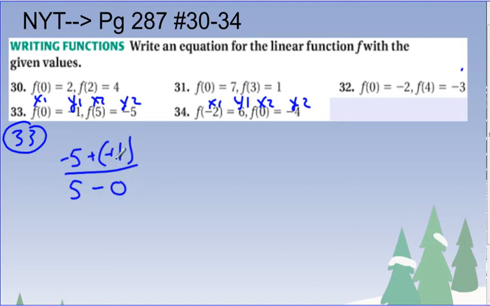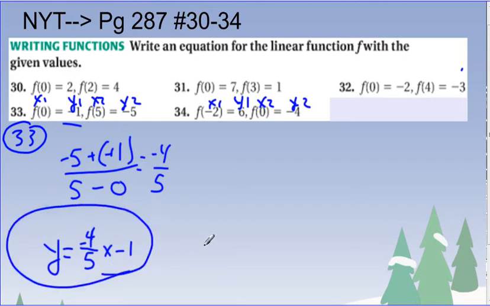That is plus a positive, which gives us a negative 4 over 5. That is the slope. And the intercept happens when the x value is 0, so it's negative 1. So then you write the equation y equals slope x, and the intercept was a negative 1. And we're done.